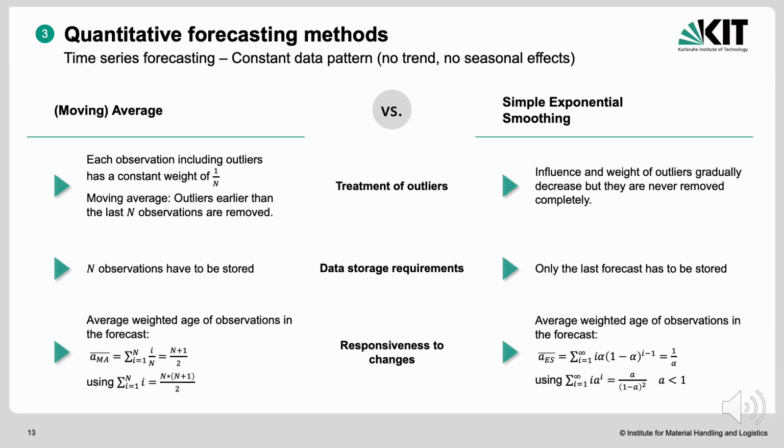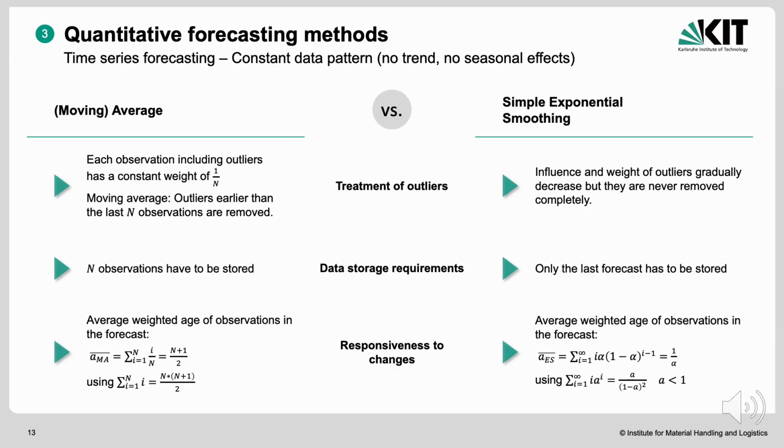And if we talk about the responsiveness to changes, then you see that in the moving average, the last data does not have such a big impact, since when the actual demand, the last demand, comes in, the n plus first demand goes out. So the impact of the current data is just the number of observations n plus 1 divided by 2.